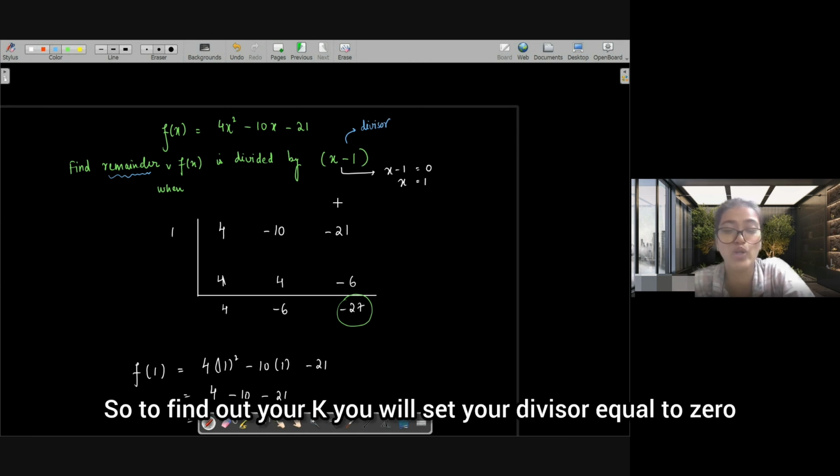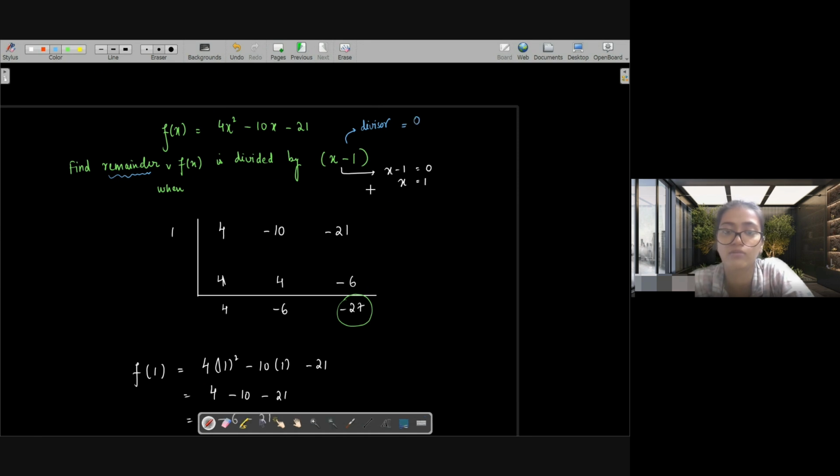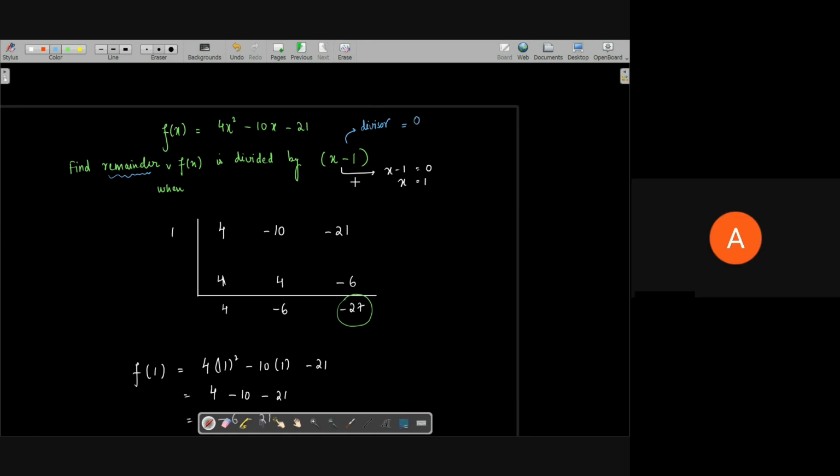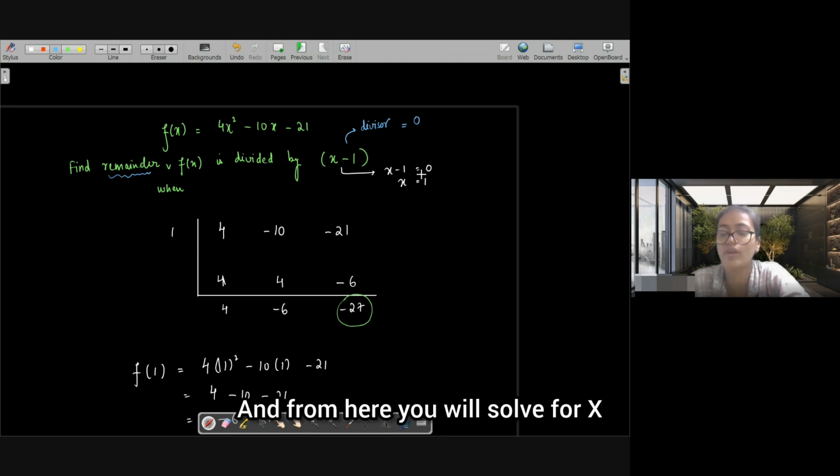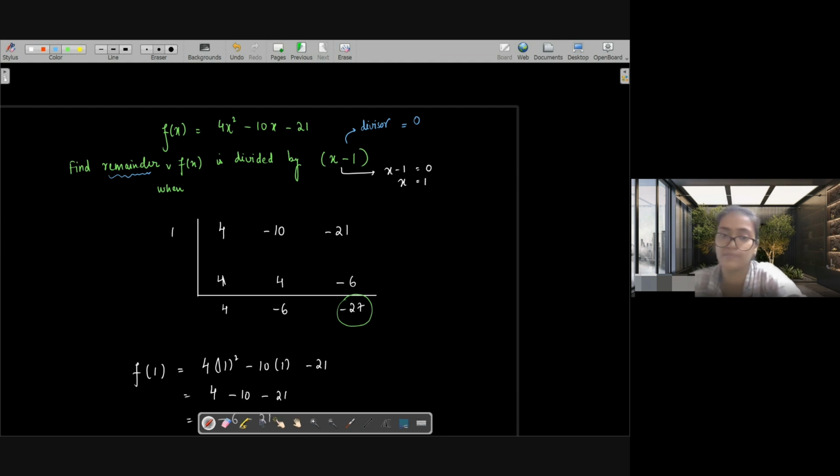To find your k, you set your divisor equal to 0. So x minus 1 is equal to 0, and from here you solve for x. That gives you x equals 1. So this is your k.